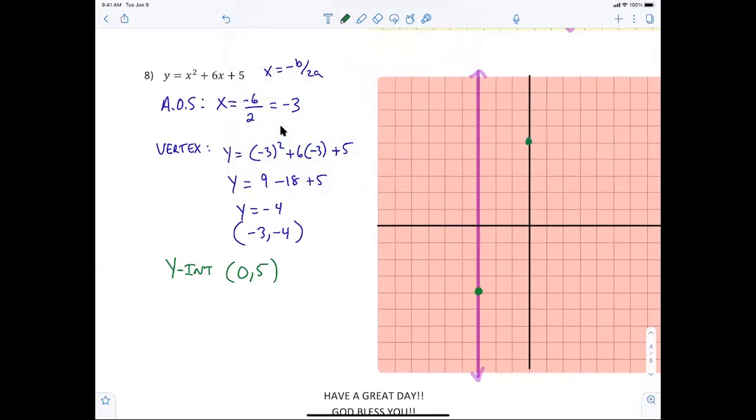All right, now notice you're always counting to the axis of symmetry. How many away are we? So 1, 2, 3. Look how simple this is. Then type it into the calculator and verify the vertex.